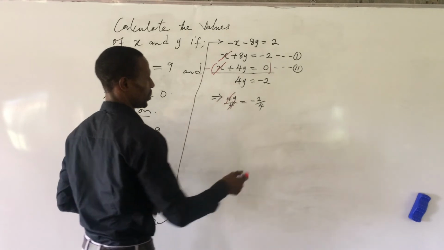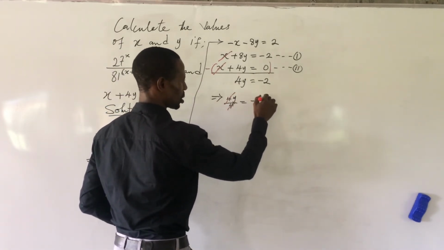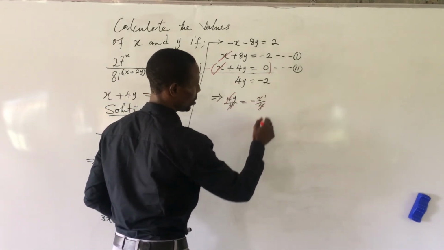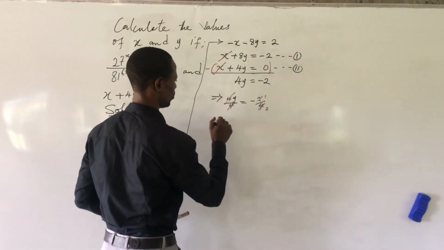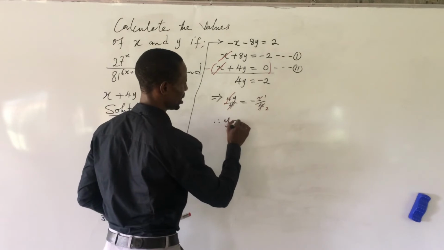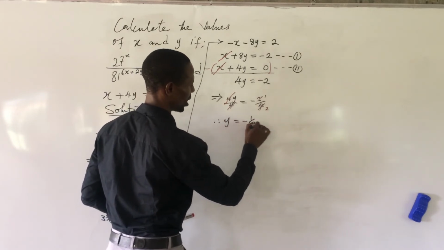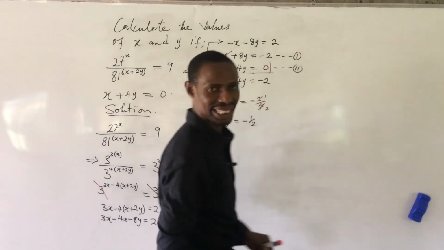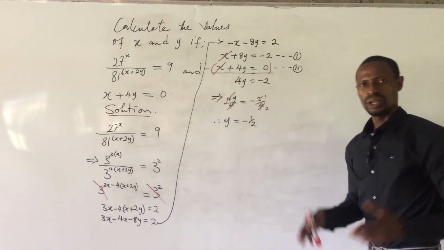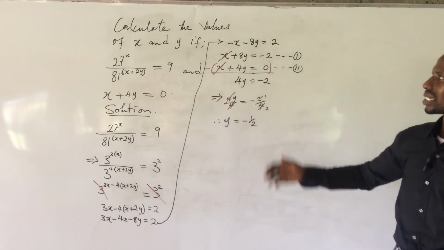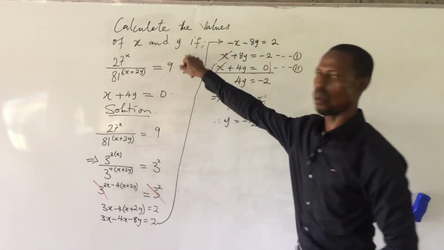We are now left with, 2 is common here: 2 here 1, 2 here we have 2. 2 into 4. So we are now left with, therefore, y is equal to minus 1 all over 2. That is our y. Now that we succeeded in solving for y, let's go over to solve for x, because we are looking for x and y.